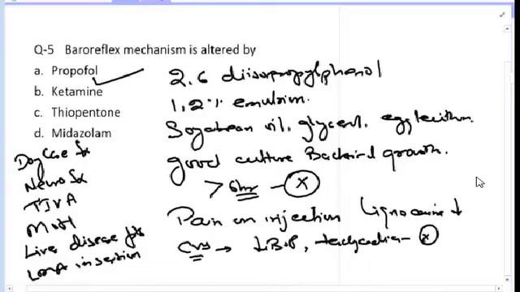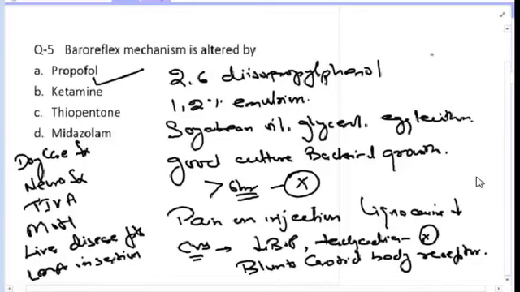Normally, a fall in blood pressure causes a rise in heart rate. But in case of propofol, the fall in blood pressure may not be associated with tachycardia. Why? Because it blunts carotid body receptor response, that is the baroreceptor mechanism. So baroreflex mechanism is altered by propofol.